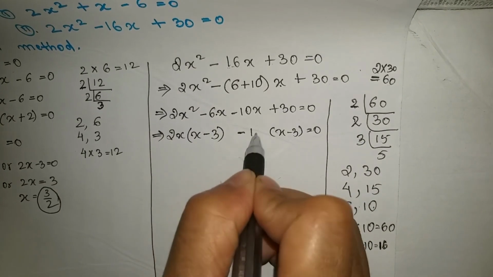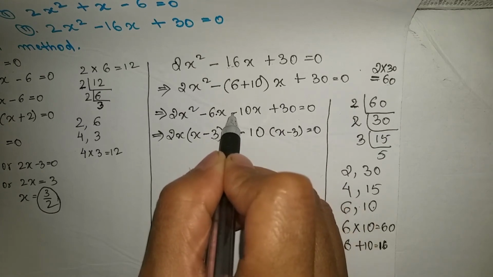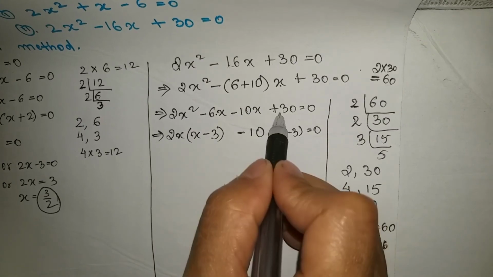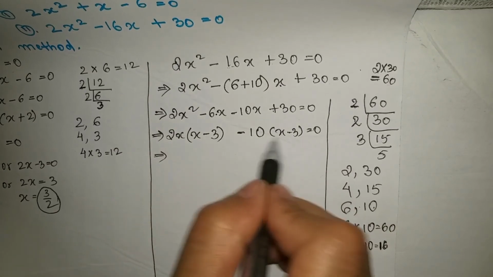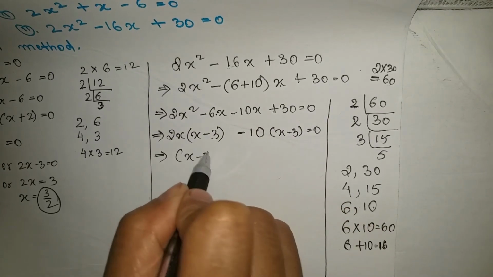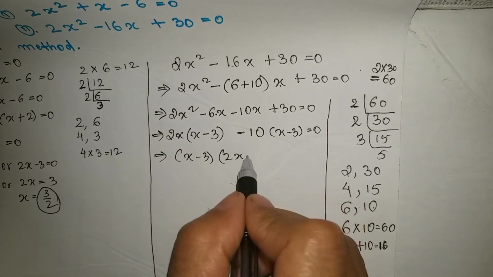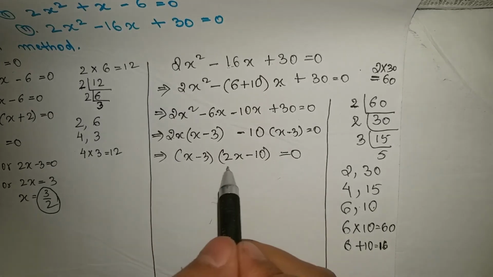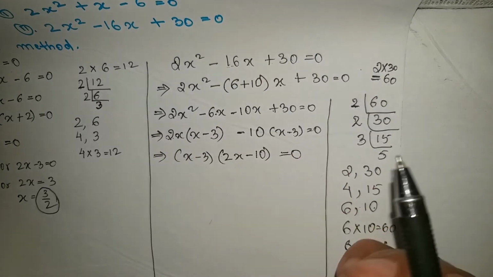If I take minus 10, minus 10 into x, which is minus 10x, minus into minus plus 10 into 3, which is 30. So this is true. And from these two terms here, I will take x minus 3 in common. And what is left from here? 2x. And from here, what is left? Minus 10. So here I have completely factorized this quadratic equation.